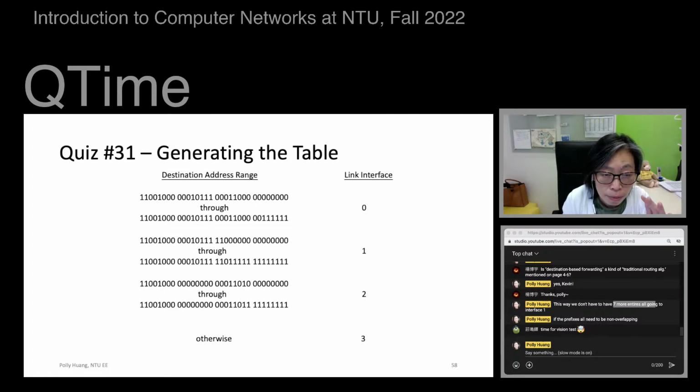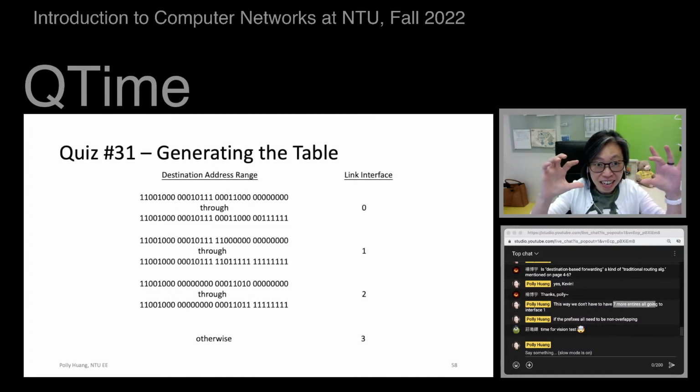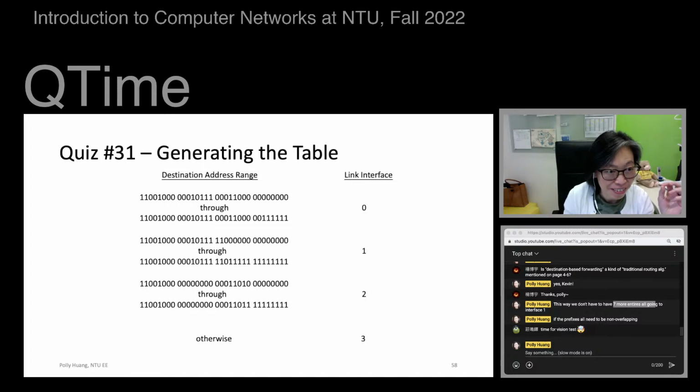The IP addresses go all the way to the same third octet, and the fourth octet counts from 00 to the rest being 1. How are you going to represent this set of IP addresses using a prefix? For the second set, you want to start from the third octet, because you start seeing differences there. And for the third entry, it's at the end of the third octet.